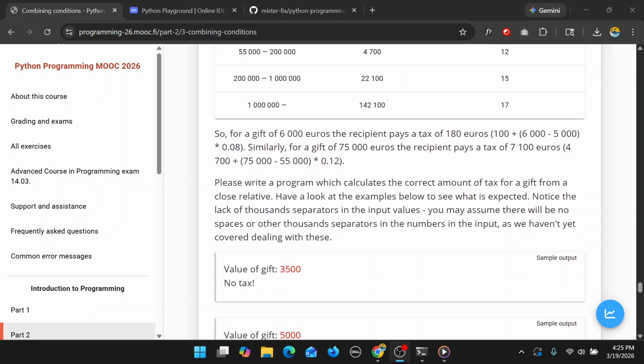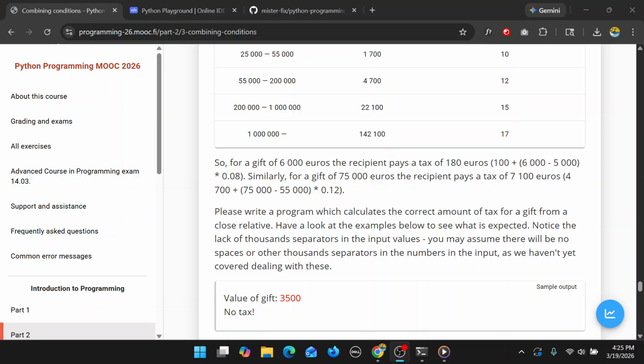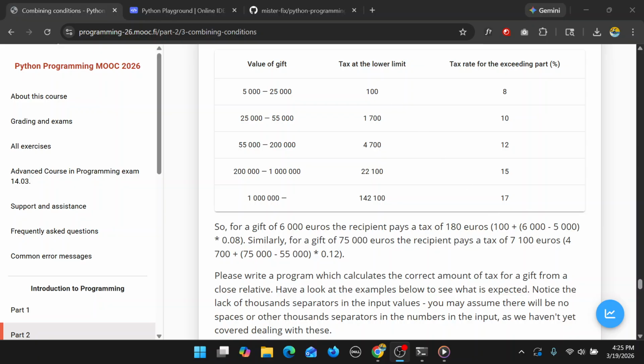So it says for a gift of 6,000 euros, the recipient pays a tax of 180 euros. And the 180 euros is calculated by taking tax at the lowest limit, which is 100 euros, because $6,000 falls between 5,000 and 25,000.